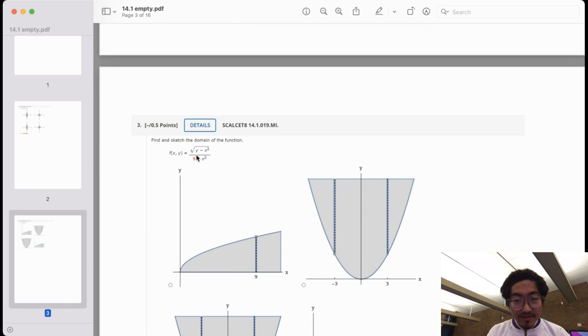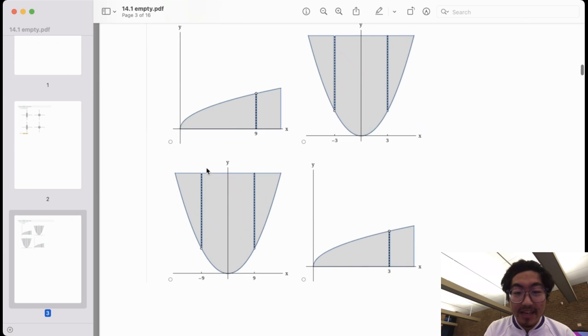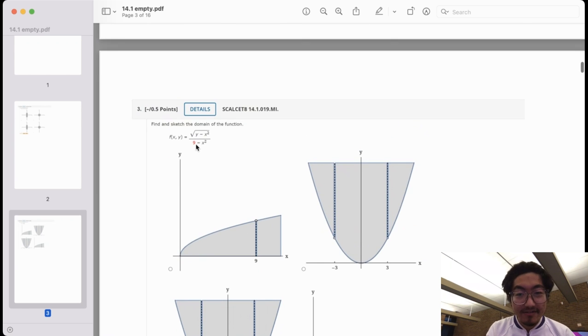Okay, and for the next one, it's a rational function here, and you want to make sure that the denominator is not 0. When it's 0 here, there are asymptotes x equals 3 and x equals -3.